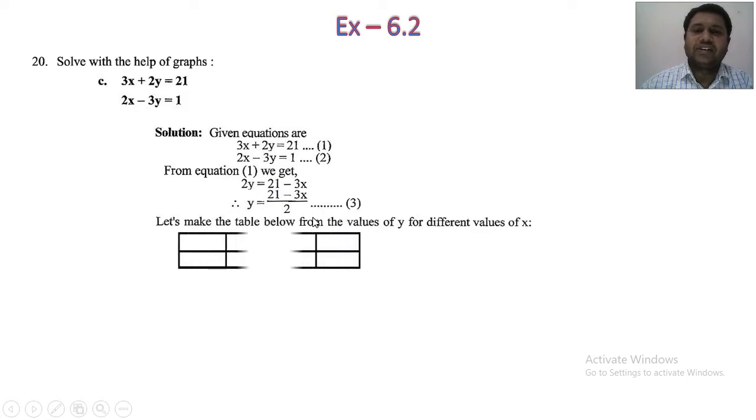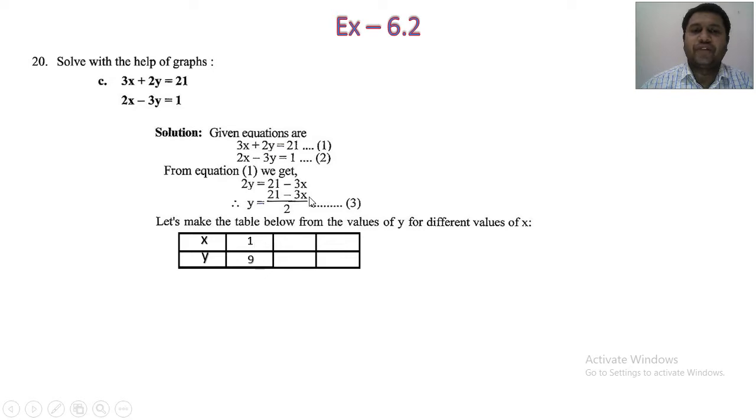So from this third equation, let's make the table below for the value of y for different values of x. In the box you can see the upper one is x and the next one is y. If I let x equal to 1 and put it here, 3 into 1 equal to 3, 21 minus 3 is 18, 18 divided by 2 means 9.